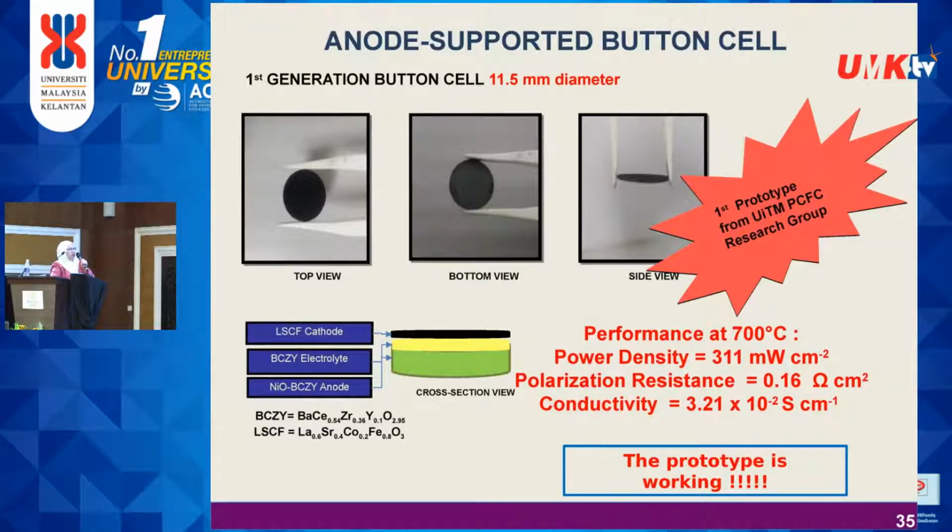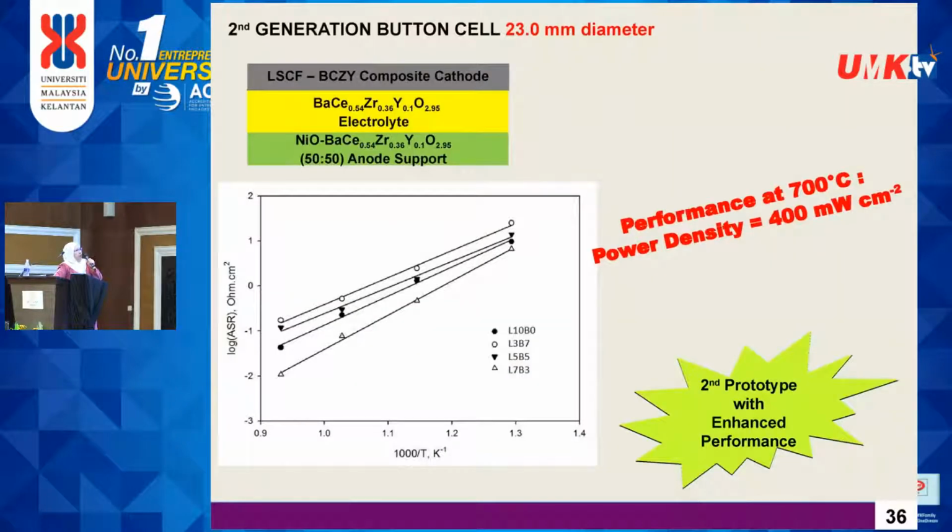After we modify the cathode part from the single MIEC to the composite cathode, so this one we use a composite cathode. Now, moving from the 11.5 mm diameter, we move to the 25 mm diameter single cell.